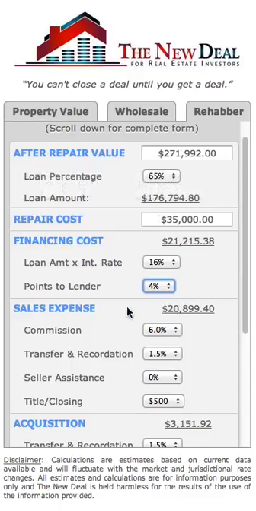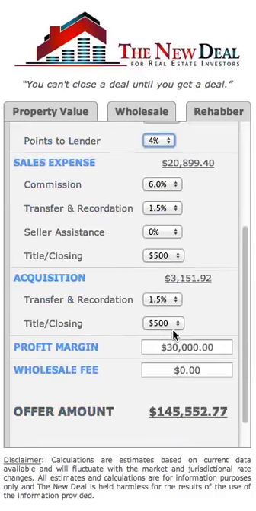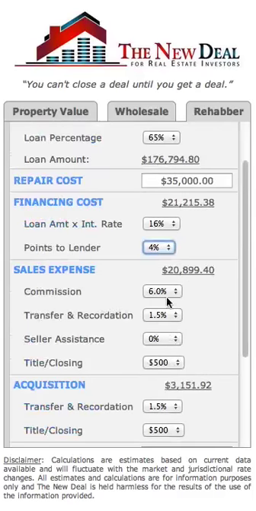So now you have your sales expenses. Okay, so again, this is already factored in, kind of the industry standards here, but commission. Now, keep in mind that your commission is the cost for the buyer's agent and the seller's agent, the commission you're going to pay those two agents.